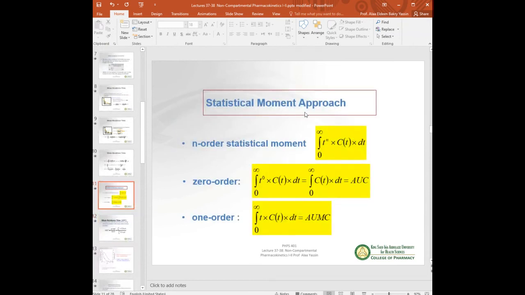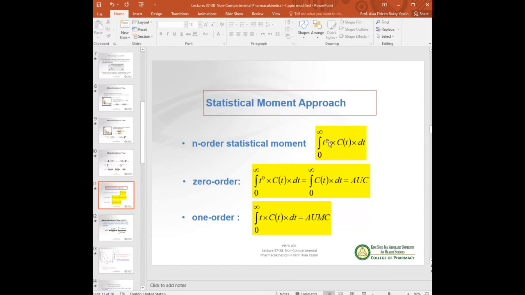So this is generally the statistical moment formula, which is the nth order of time. The moment is of the order t to the n, multiplied by C(t).